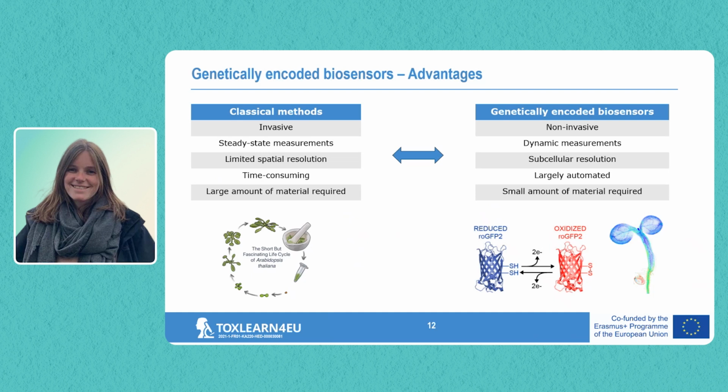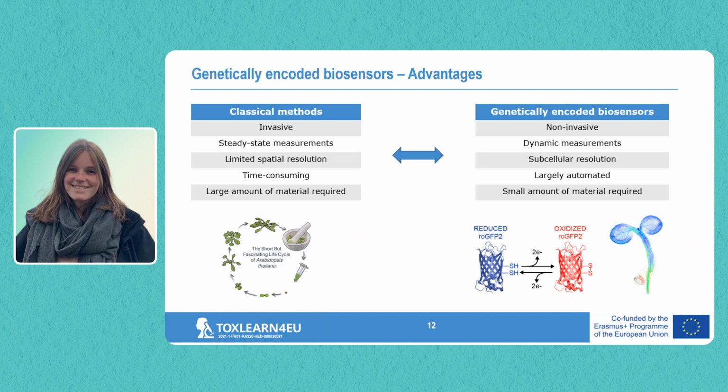The major advantage of this technique is, of course, that you can do dynamic measurements, so you can really follow the fluorescence over time. You can do this at cellular resolution. So when you look with a microscope, you can really look in individual cell types, how the sensor is responding there. And you can even do it at subcellular resolution, because these sensors, as I showed you, you have to put the DNA coding for the sensor into your plant genome.